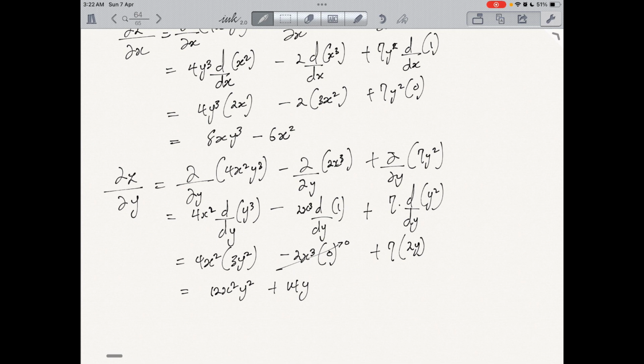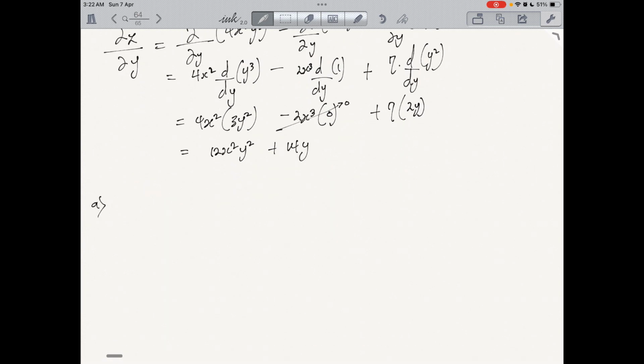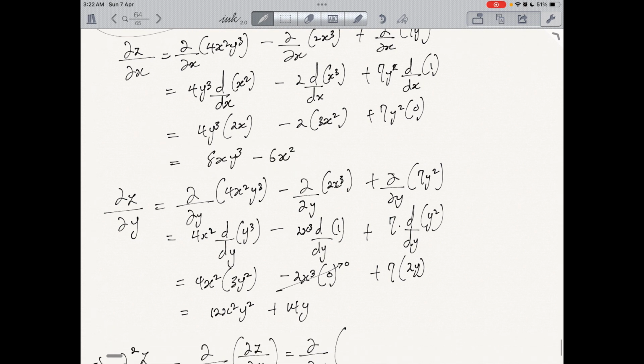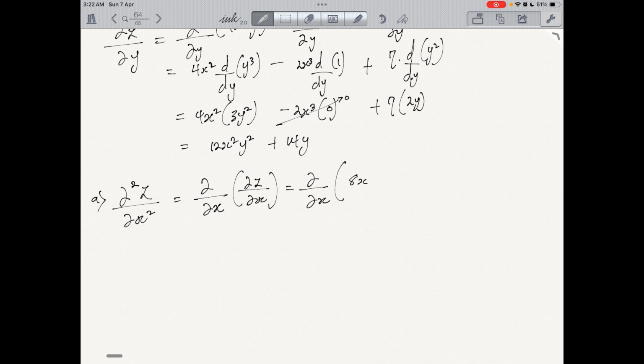So let's begin with evaluating the first question. That's ∂²z/∂x². And that is the partial derivative with respect to x of ∂z/∂x. And this is d/dx of our answer here, 8xy cubed minus 6x squared.